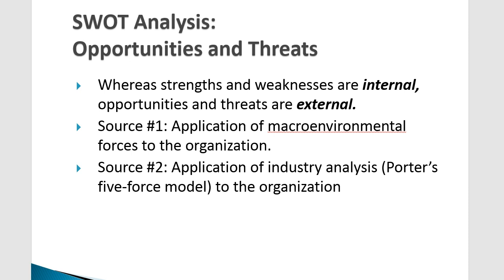Strengths and weaknesses we were talking about as internal, whereas opportunities and threats we're going to talk about as the more external environment and resources. As such, they must be analyzed in the industry and the microenvironment that we talked about earlier: political, legal, economic, social, and technological forces we had talked about in previous chapters.